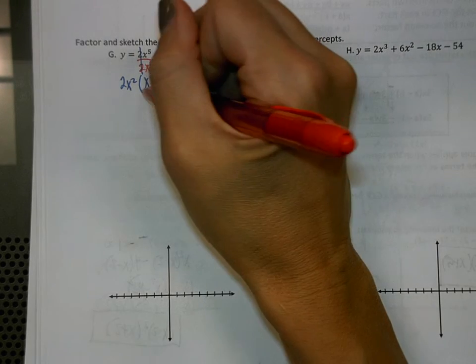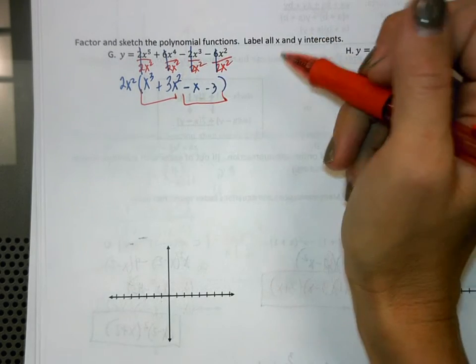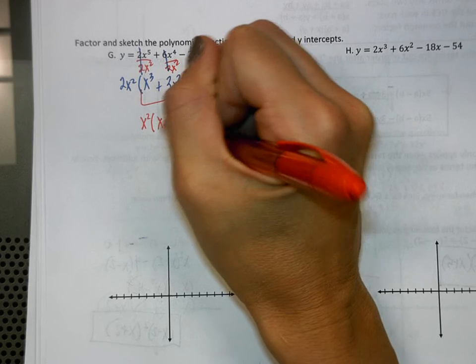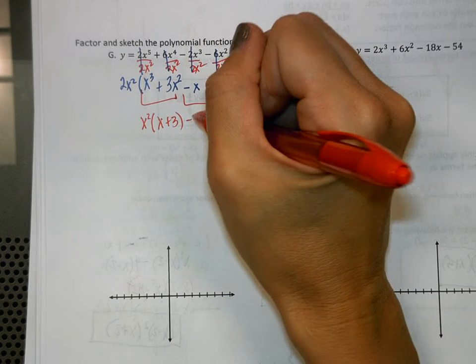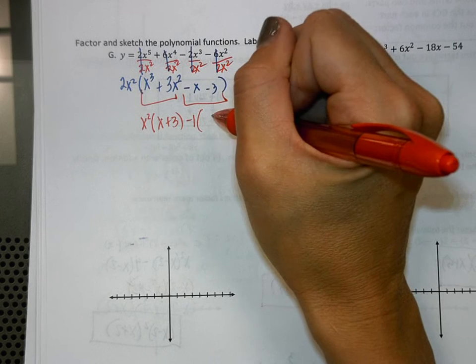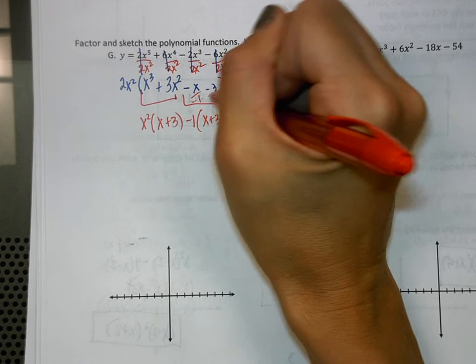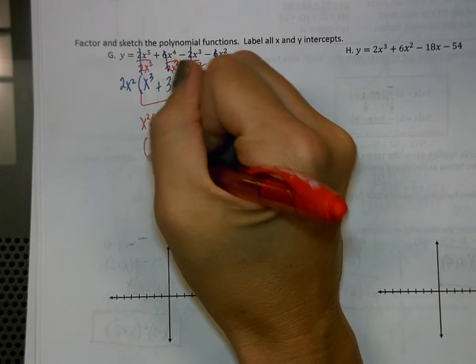Very good. Grouping them. Okay, so in my first group, what could I factor out? X squared. Okay, and then I'm left with x plus 3. Okay, my next group, what will I factor out? -1. Good job. And we're left with x plus 3, good. And again, if you want to write -1 underneath each of these to see what happens. Okay, so now my GCF is x plus 3.